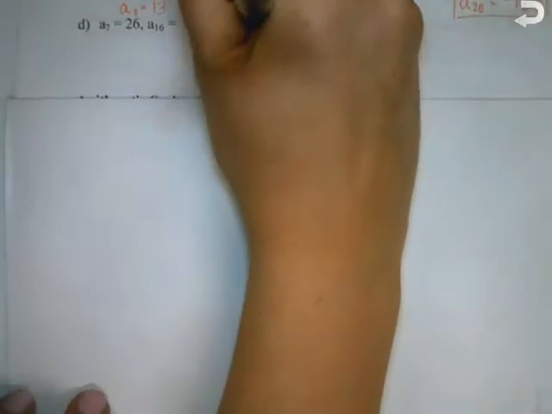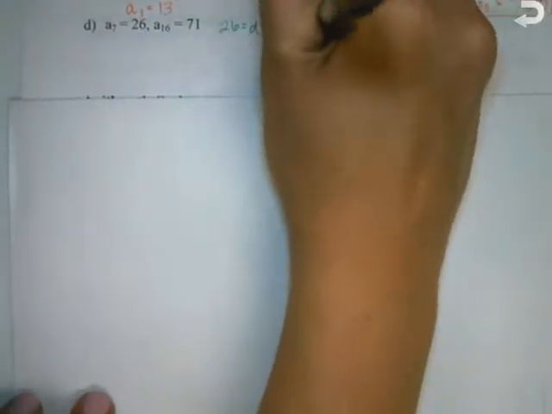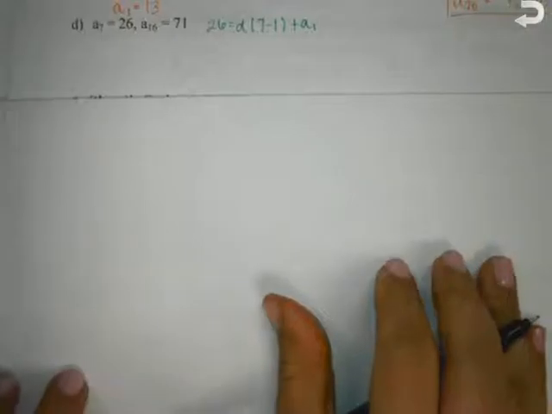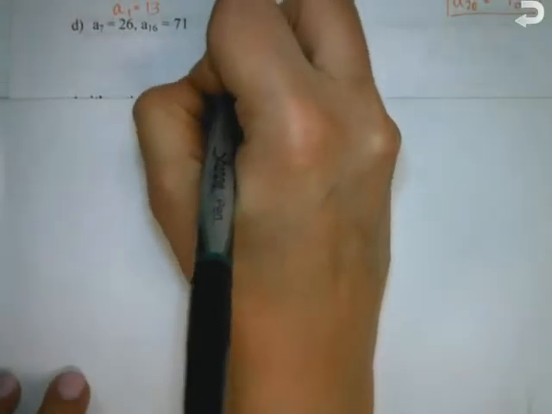So a sub 7, that's 26, equals, we don't know what D is, so D times 7 minus 1 plus a sub 1. And a sub 16, that's 71, equals D times 16 minus 1 plus a sub 1.